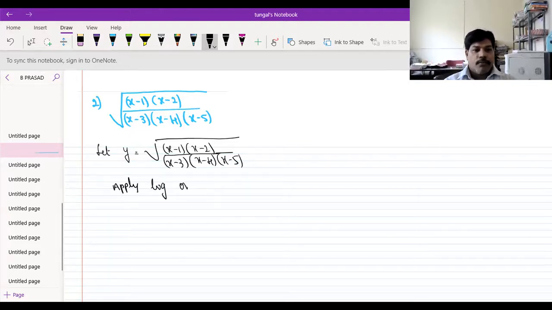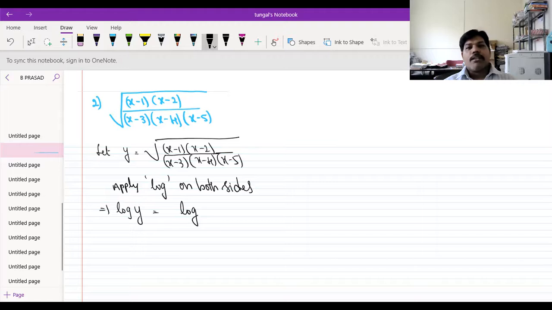Apply log on both sides. What happens, students? So that implies log y is equal to log of the square root. Square root is nothing but power 1 by 2.